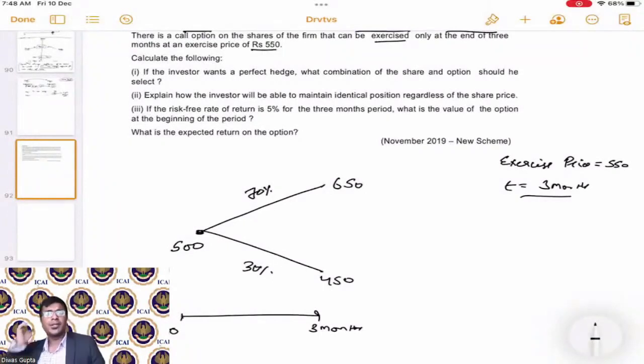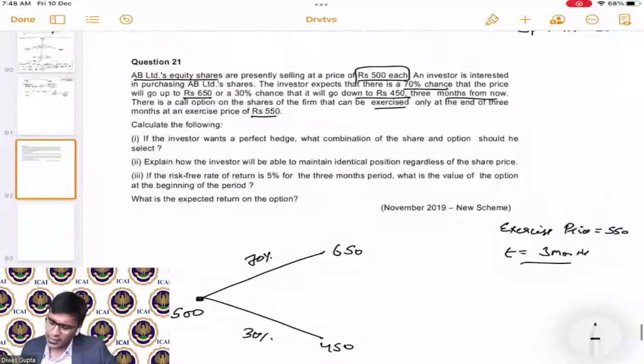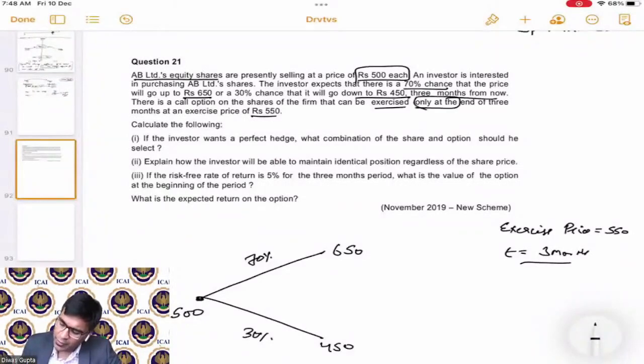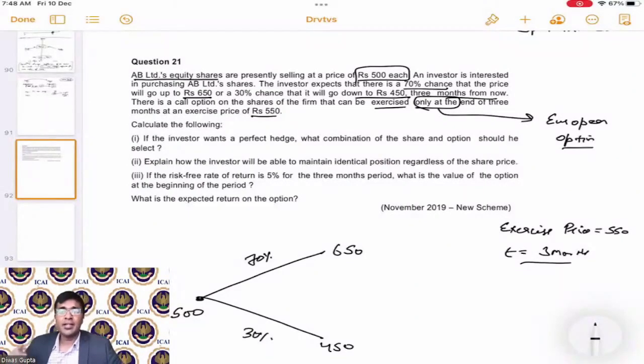The call option is also exercisable after 3 months. Only at the end means this is a European option. It's not an American option. You have to understand each and every word in the question that is given, and make out what the intent of the question is.